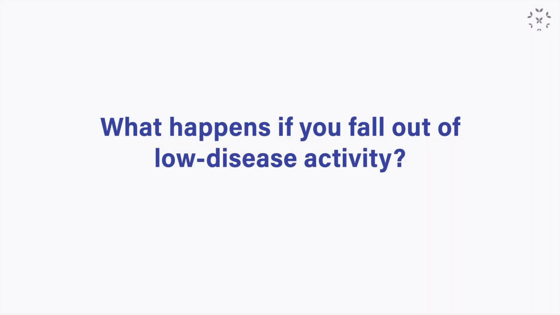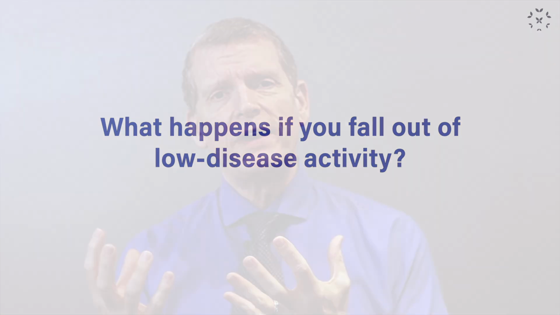Now, unfortunately, not everybody will stay in remission or low disease activity. That brings up an important question. What is the definition of the duration of low disease activity and remission, for example? Well, in the formal definitions, they don't define a particular time. That was an area of great controversy between the doctors who came up with the definitions.